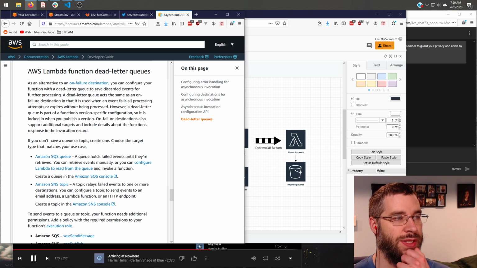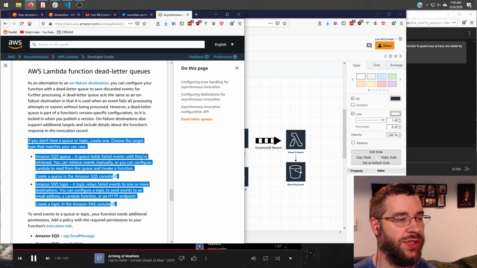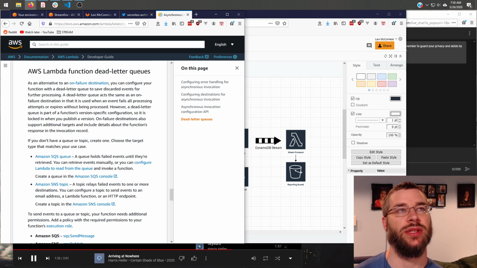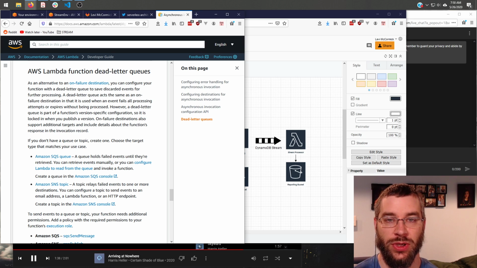Super simple. It looks like we only have two destinations for a dead letter queue. You can do an SNS topic or an actual queue, SQS queue.